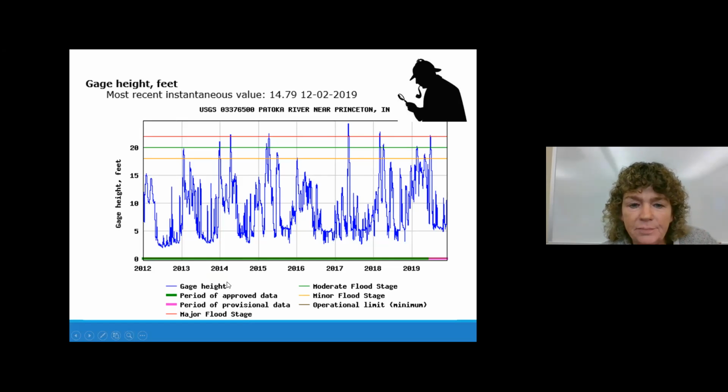My gauge is 0337650. That's the Patoka River near Princeton, Indiana. I asked for its gauge height in feet, how high the water was in feet, from 2012 to 2020. And you can see the regular pattern of floods and when they're occurring, and the regular pattern of droughts and when they're occurring.